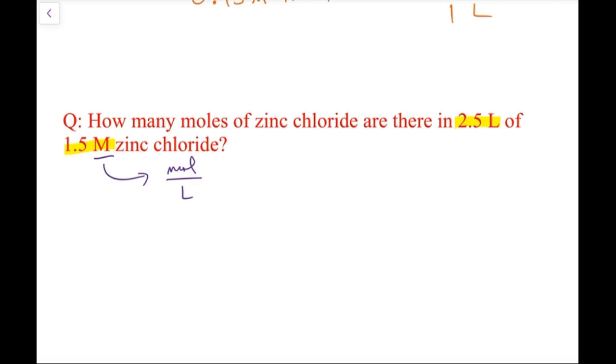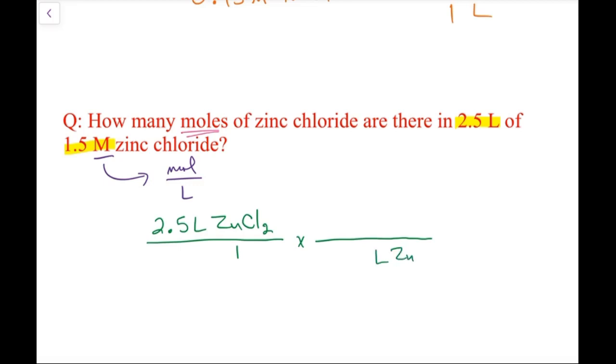So in this problem, if I'm asked for how many moles of zinc chloride, I'm going to start with the volume, 2.5 liters, and zinc chloride is ZnCl2. Just like any conversion problem, I want to cancel the unit that I start with. So liters of ZnCl2 goes on the bottom, and I'm asked for moles of ZnCl2, so that goes on the top.